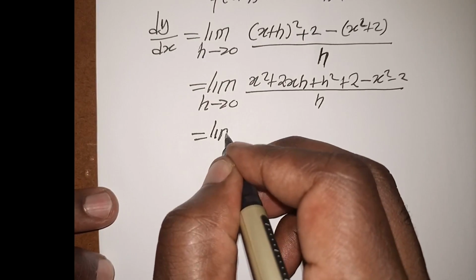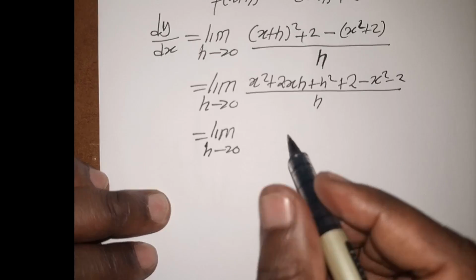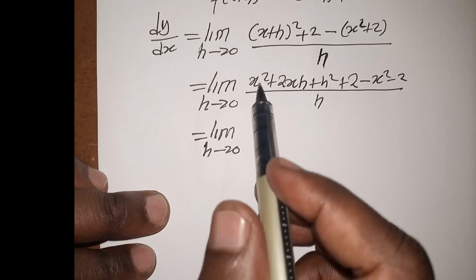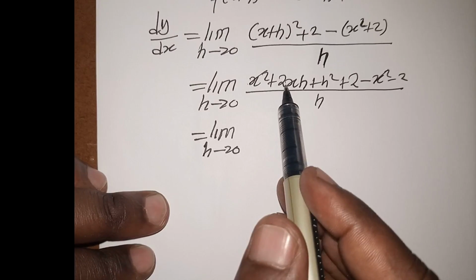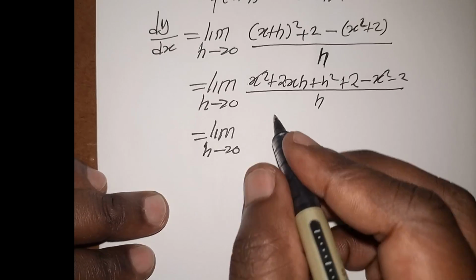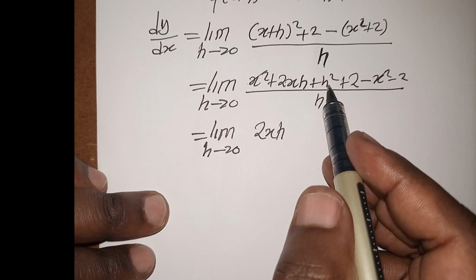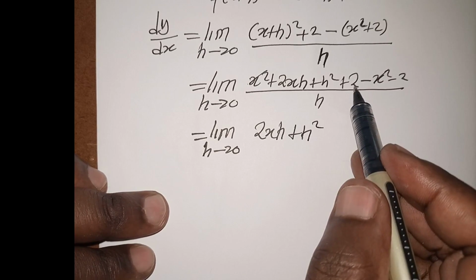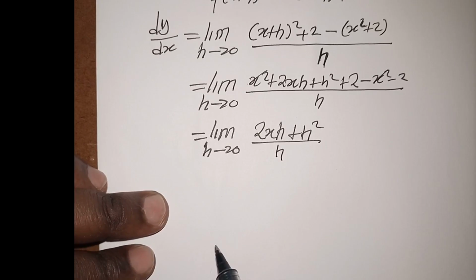This will be equal to the limit as h goes to 0. Then x squared minus x squared is 0, so these will go. Then we have 2xh, there's nothing like this term. Then we have plus h squared, 2 minus 2 is 0, and then everything over h.